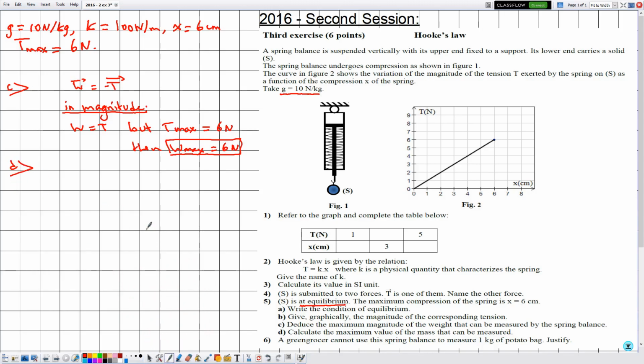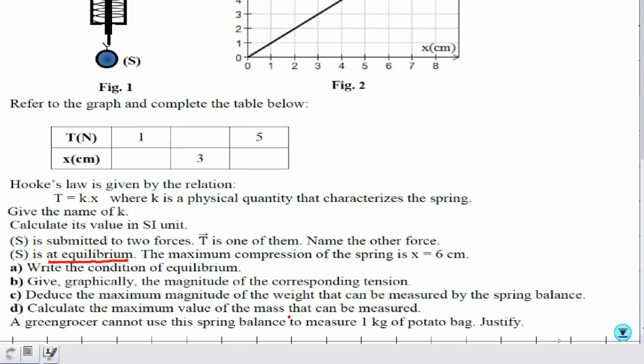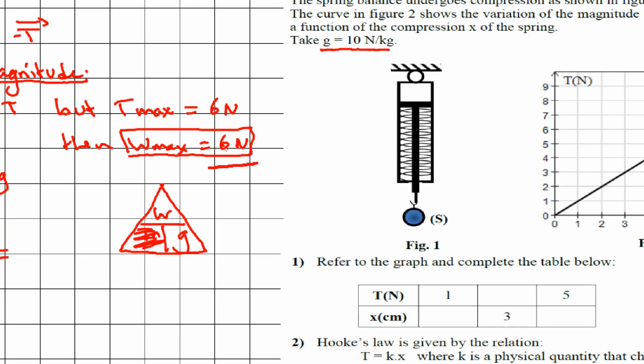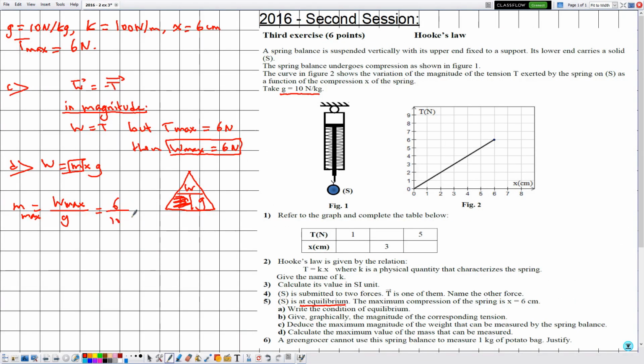And now in part D, calculate the maximum value of the mass that can be measured, knowing that we have determined the maximum weight, and the mass can be determined from the weight using the following formula, that the weight is equal to m multiplied by g, knowing that we are interested in calculating the value of m. So constructing the triangle of this formula, W will be at the top, m and g are at the bottom, so m max is equal to W max divided by g, and the value of W max is equal to 60 newtons, then 6 divided by 10.